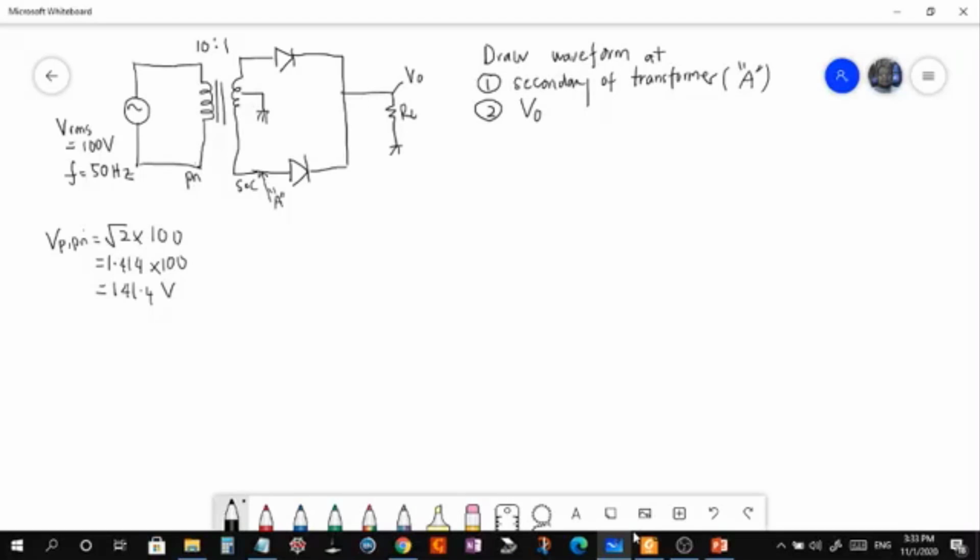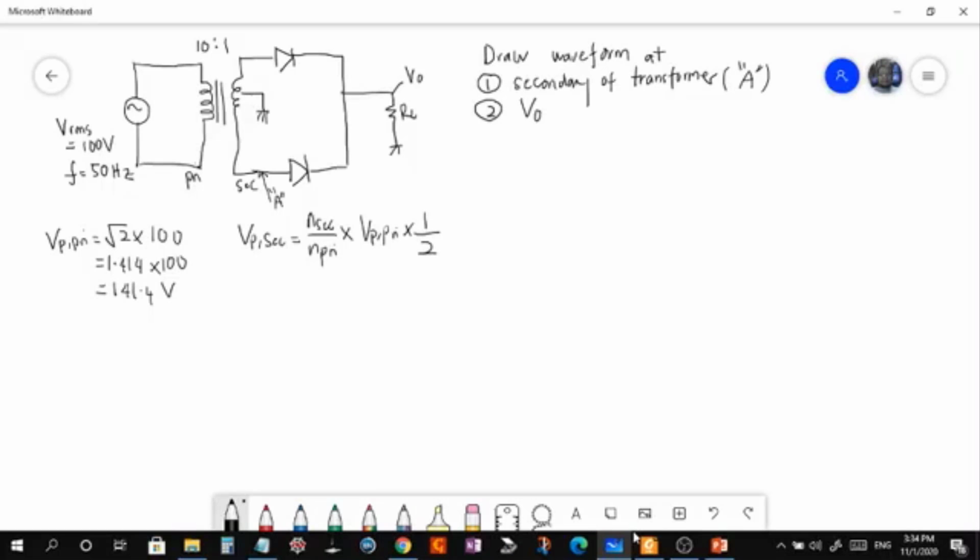When you look at point A, at the secondary of the transformer, you need to calculate the V peak of the secondary. V peak for the secondary is equal to N secondary over N primary times V peak primary, and then it needs to be divided by 2. Why divided by 2? Because this is a center tap.